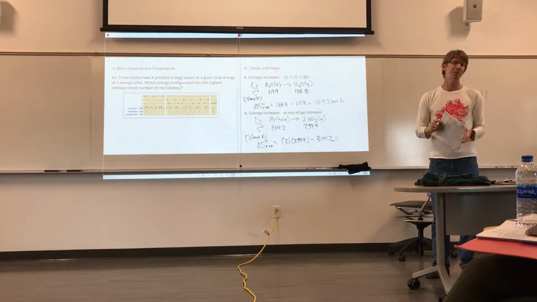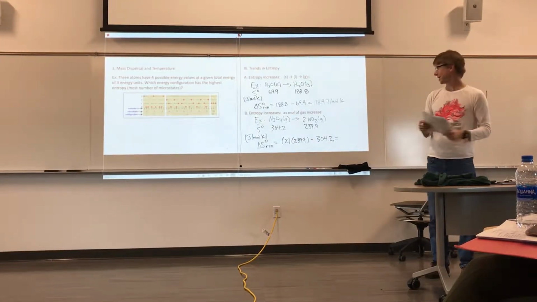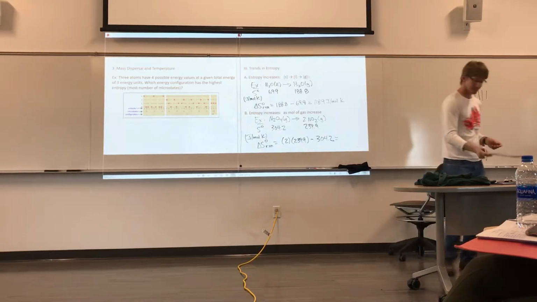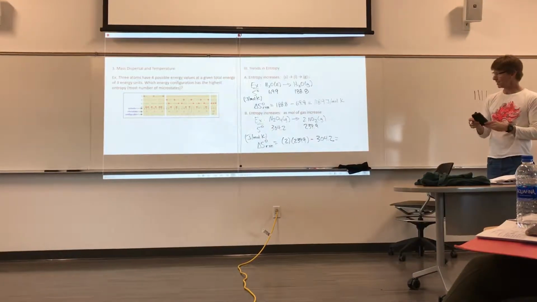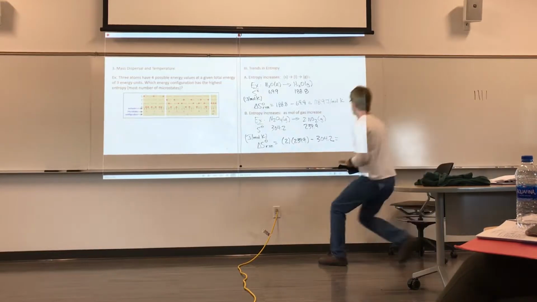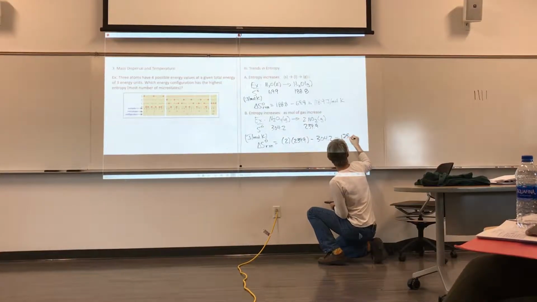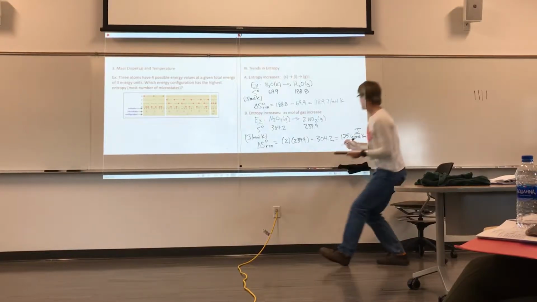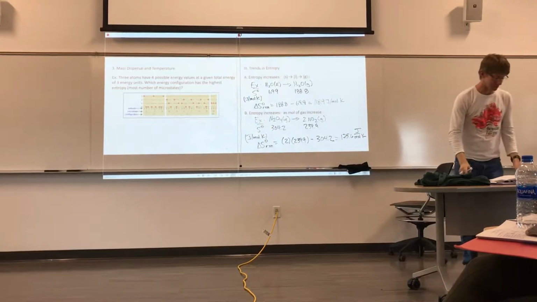Sometimes delta HFs were positive, and sometimes they were negative. The answer is 175.6 joules per mole Kelvin.